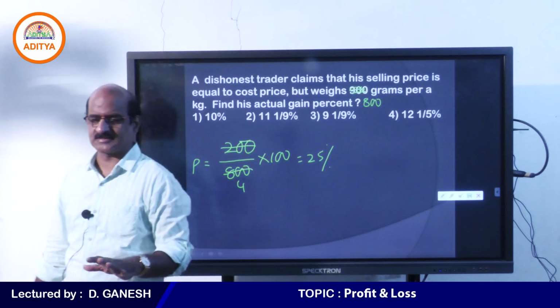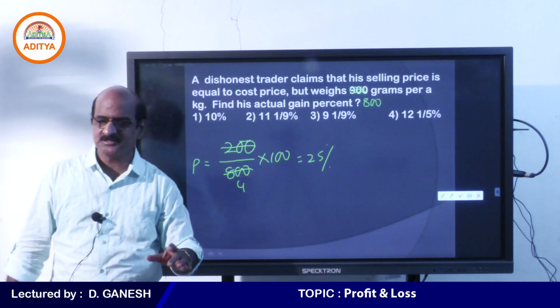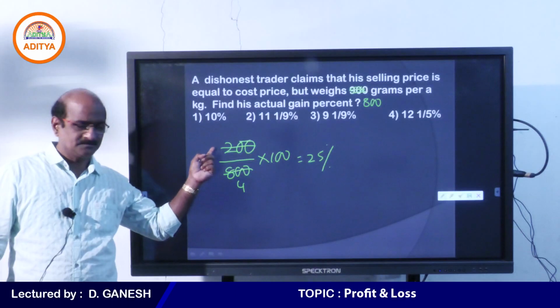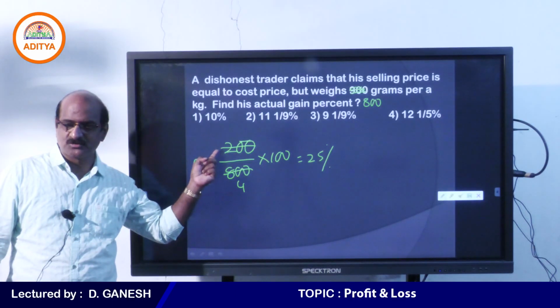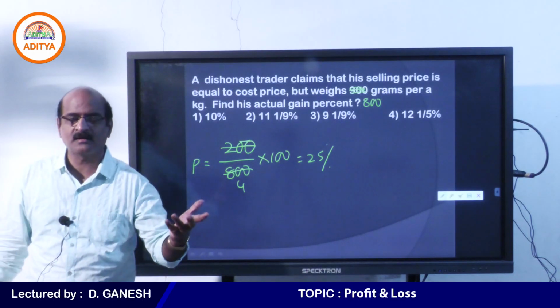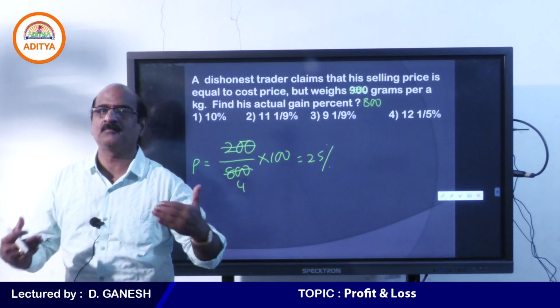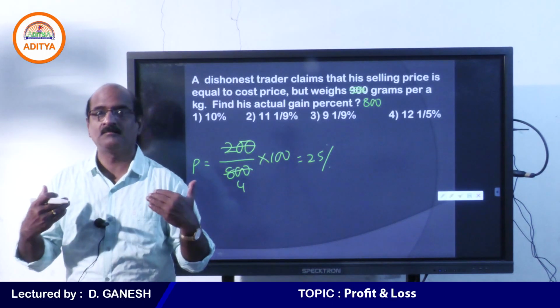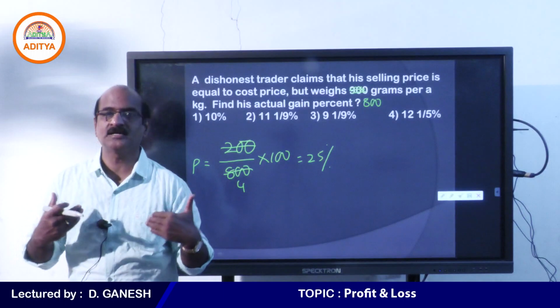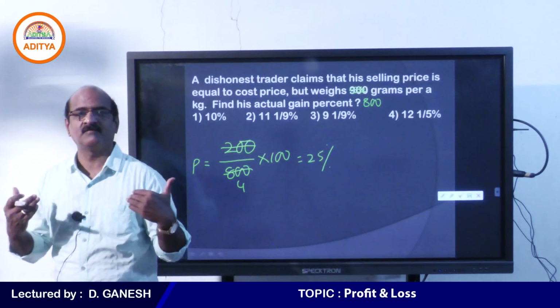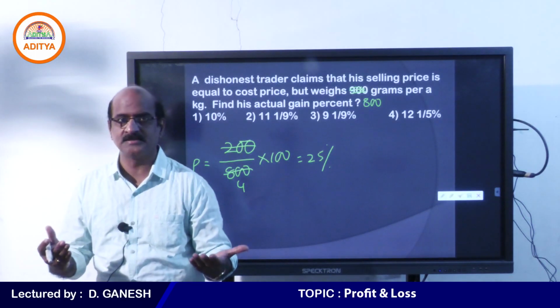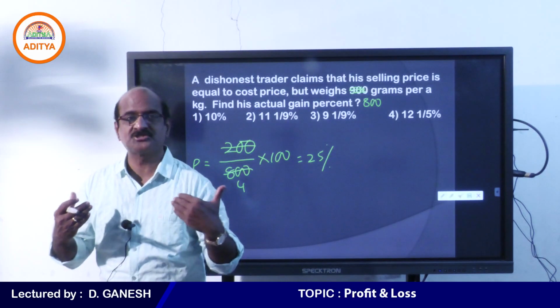Student, now please understand why this 200. 200 is the quantity I am getting for myself. I am the trader. You come to my shop and ask me for 1 kg of rice. So see how I am cheating you.